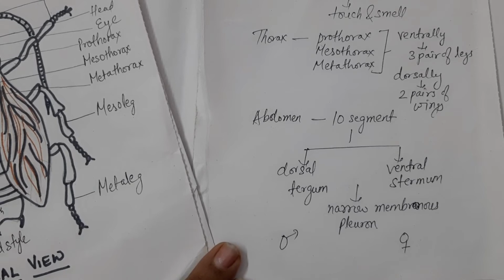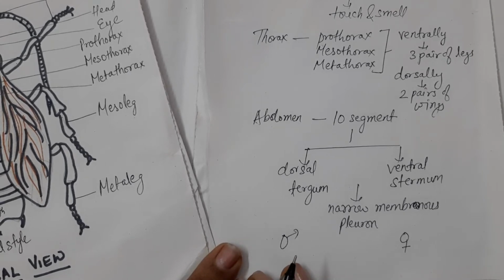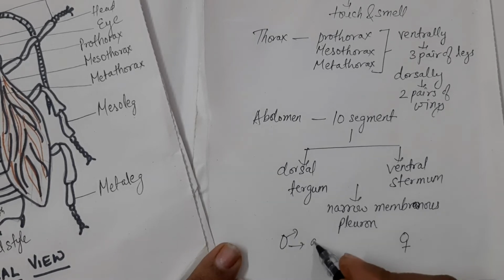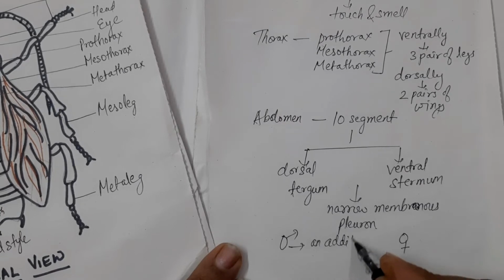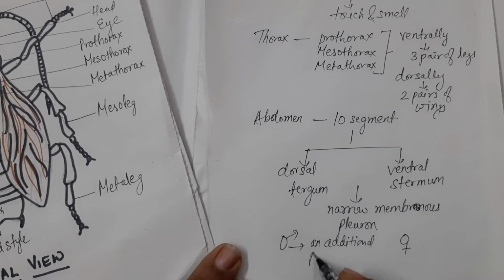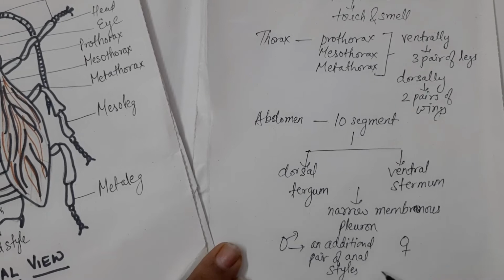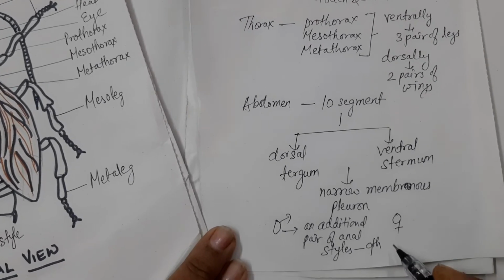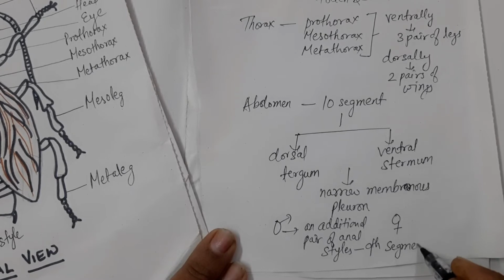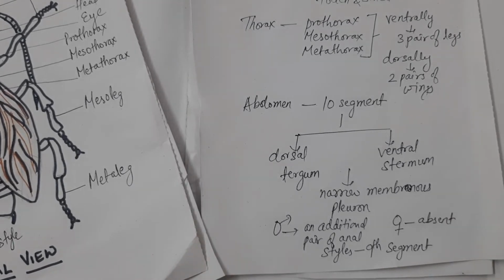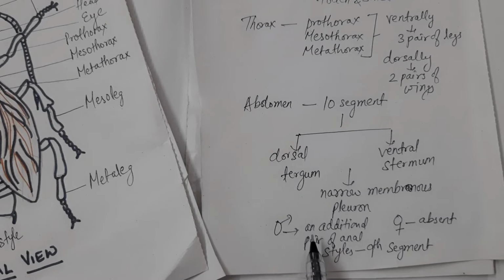Male cockroaches have an additional pair of anal styles at the 9th segment, but this is absent in females. So if it has an additional pair of anal styles in the 9th segment, then it is a male cockroach.